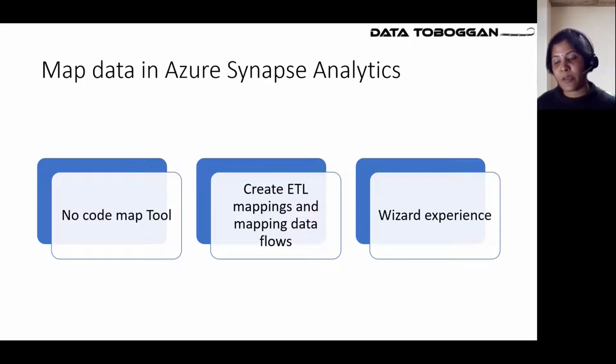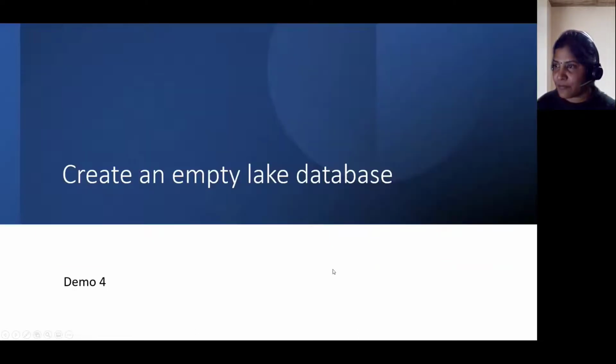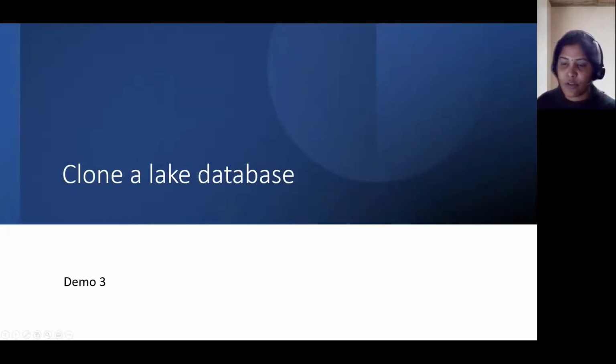So the mapping tool pretty much uses the same functionality as your Azure Data Factory or your Synapse pipelines. And the cool thing is it's a wizard experience. It's a complete no code tool where you can bring in the data from your source into the lake database destination.